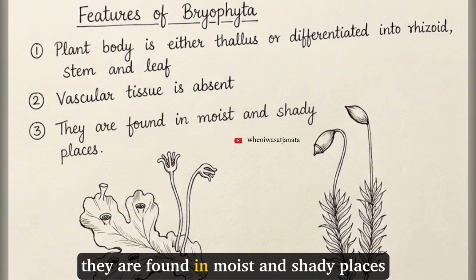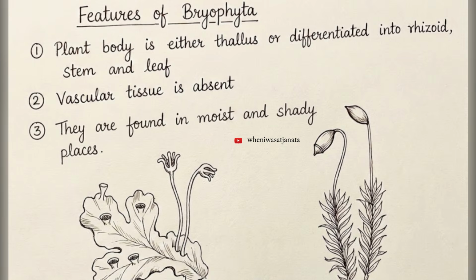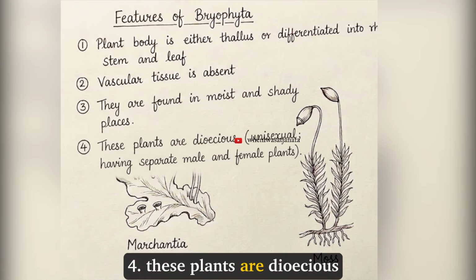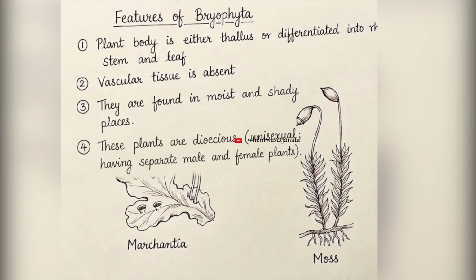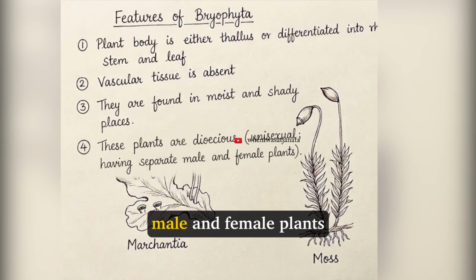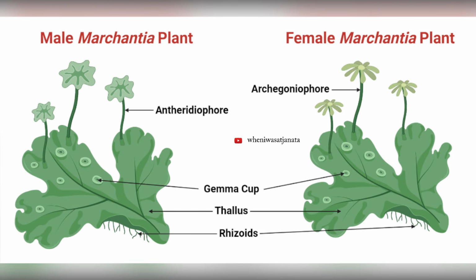3. They are found in moist and shady places. 4. These plants are dioecious, which means unisexual, that is, they have separate male and female plants.